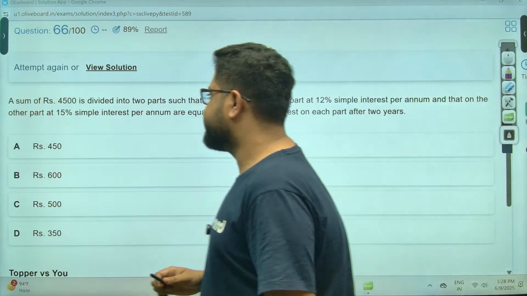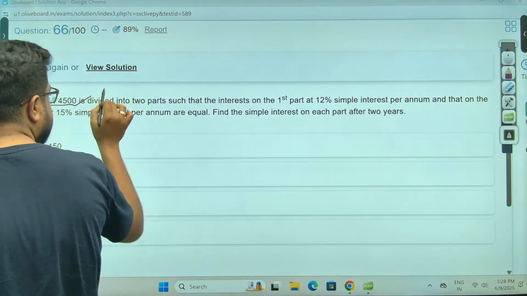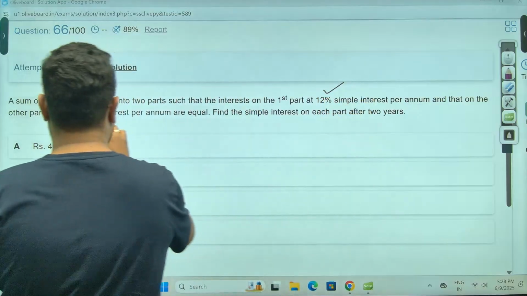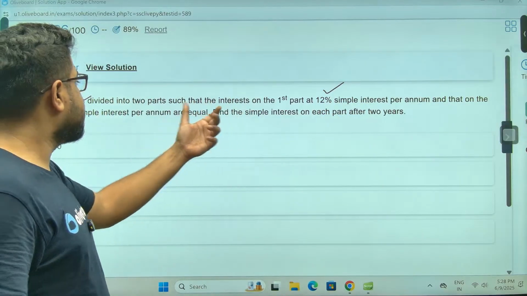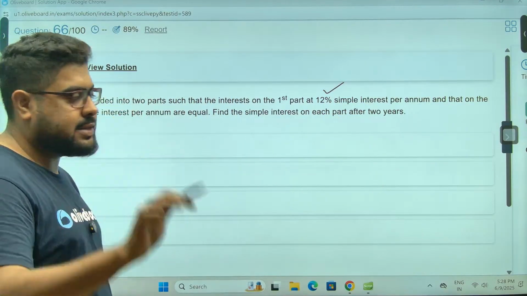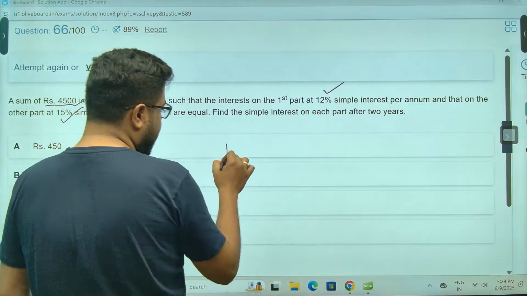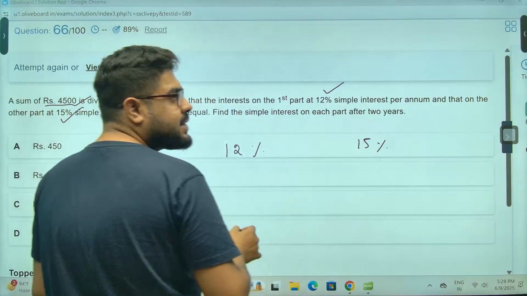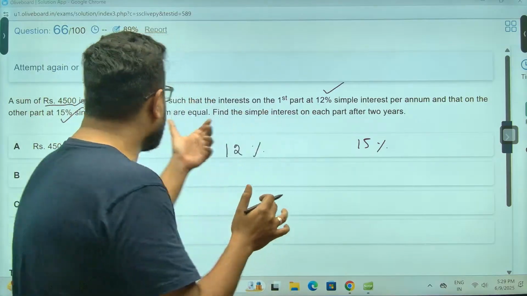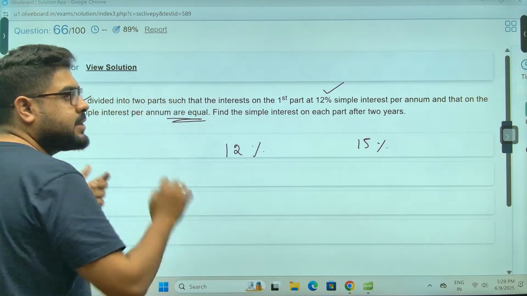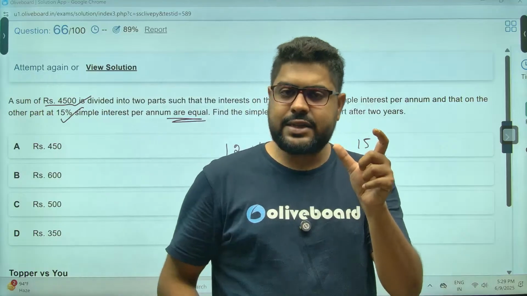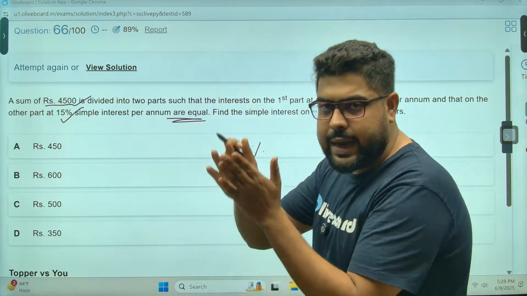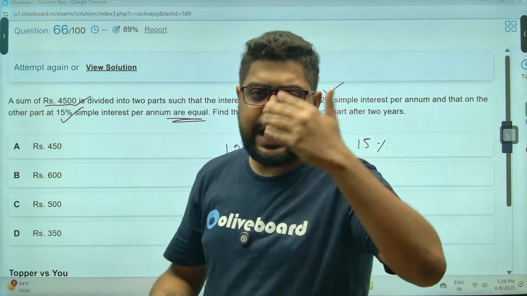Very simple questions. Sum of this much divided in two parts. First part this much interest, second part this much interest. Simple interest. अच्छा सर एक काम करो. Understand, sir. 12% interest, 15% interest. Now please understand. Total interest are equal, sir. Meaning total interest, like how do we get? We get it by principal into the rate of interest.